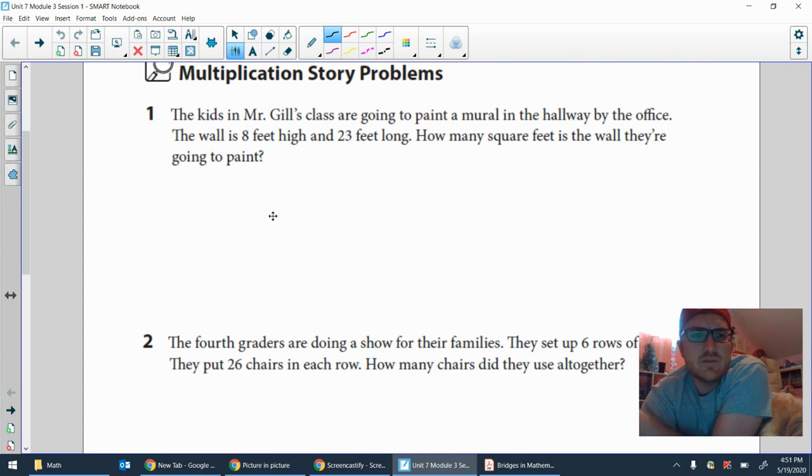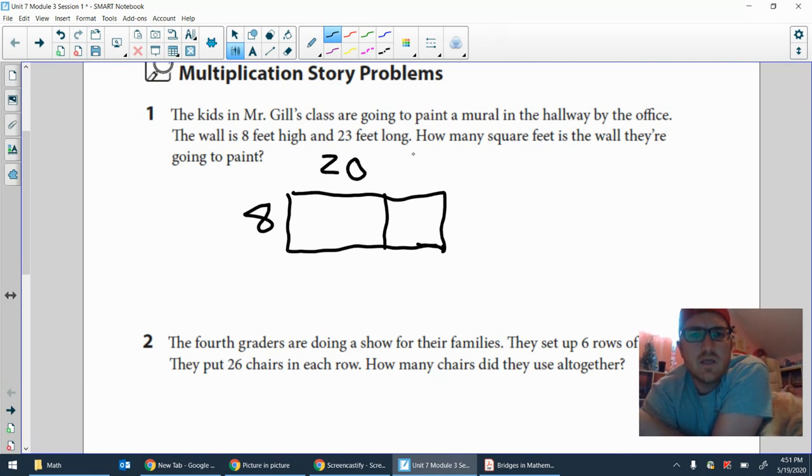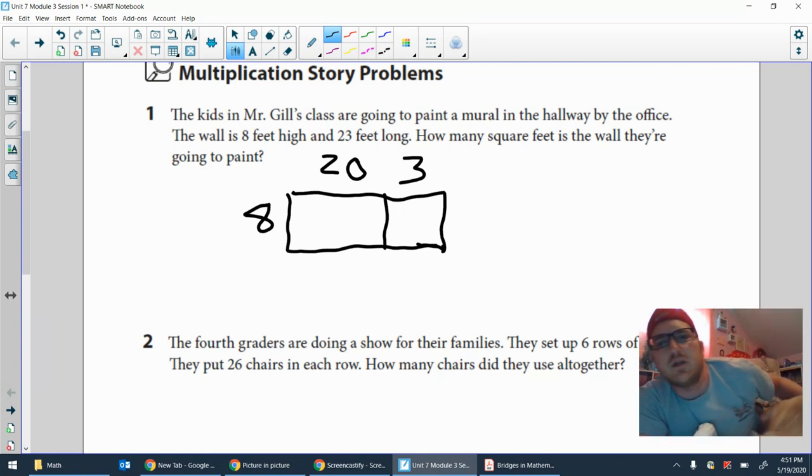We could set it up as an area model. So there's our rectangle, and we could do 8. We could split it into 20 and 3, and we would simply do our 2 different parts of multiplication here. So 8 times 20, and then 8 times 3.